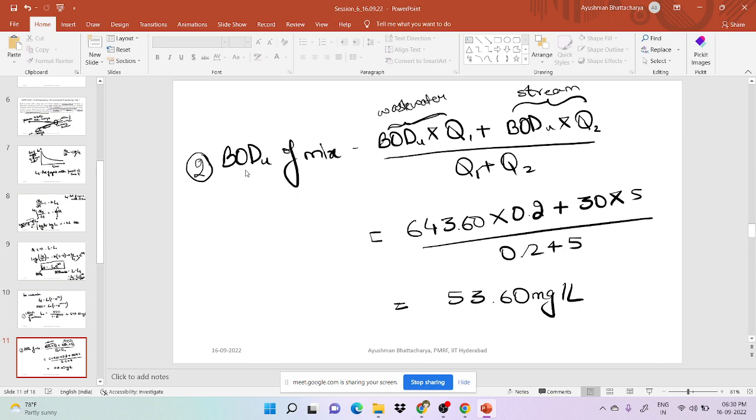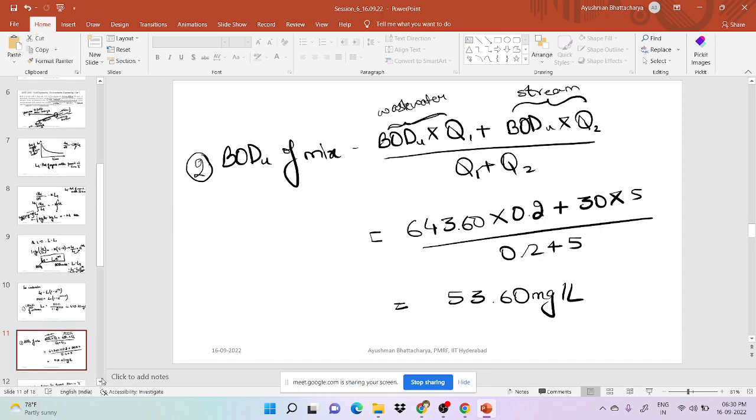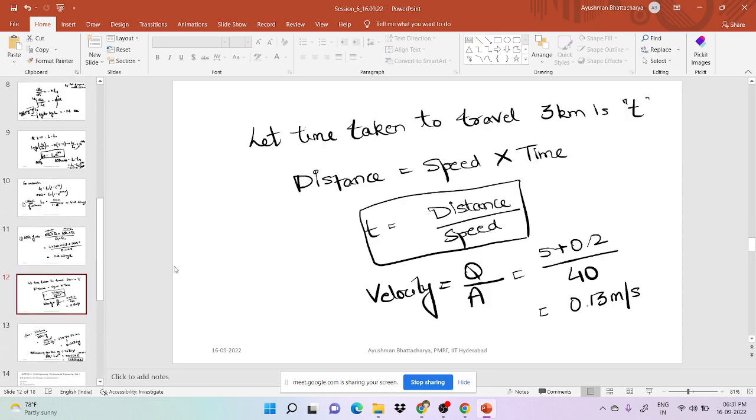After calculating the ultimate BOD of the mix, since the question is asking for the remaining BOD at a certain distance from the mixing point, I let the time taken by water to travel 3 kilometers be t. Distance is equal to speed into time. If we call it velocity, that will be more accurate.